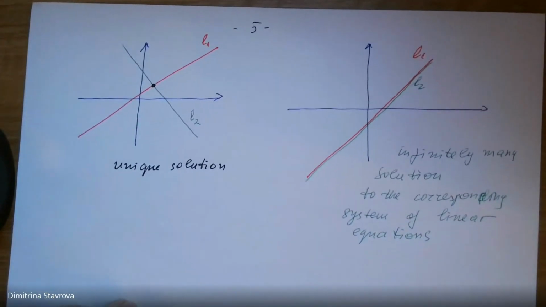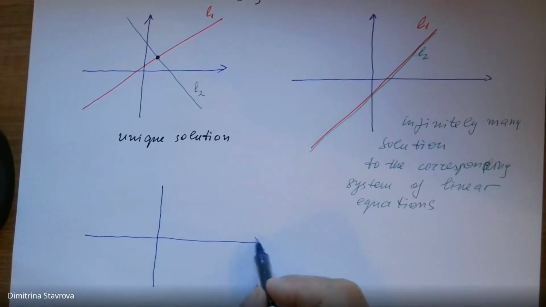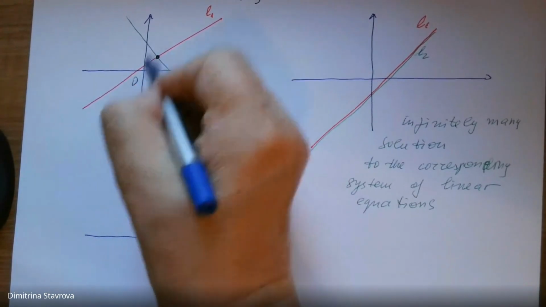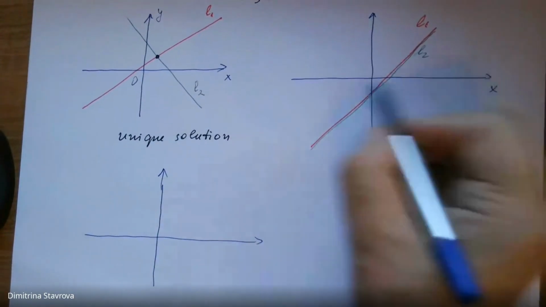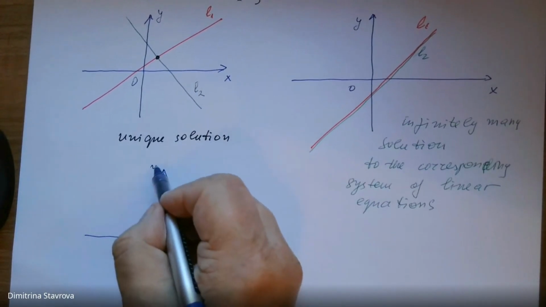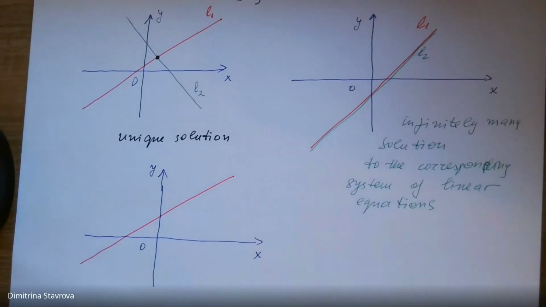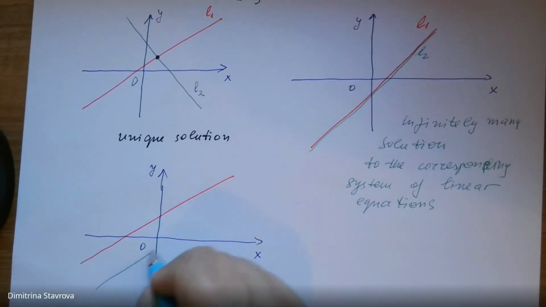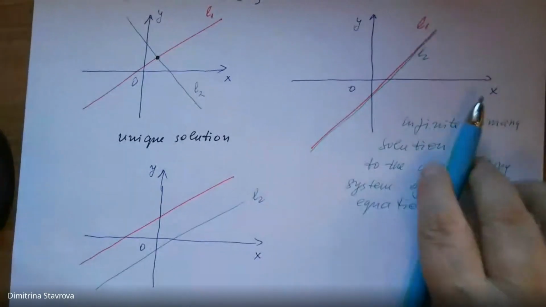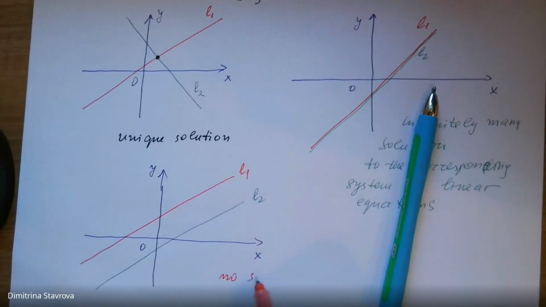And in a similar way, the third possibility is when our two lines, in the coordinate system x, o, y, with origin O, we have one line and another one that is parallel to this. This is line L2 and this is line L1. So no solutions.